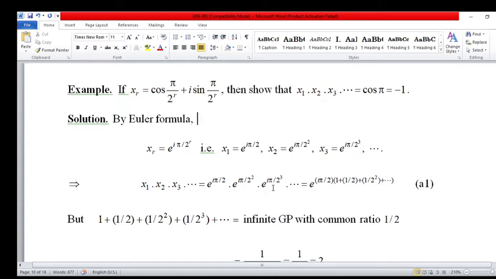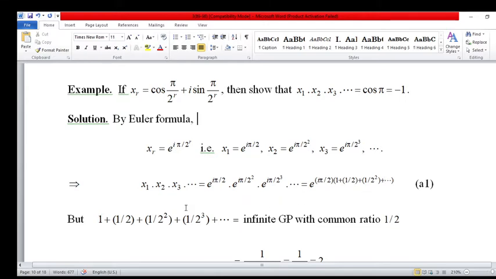Now the base is again the same, so e raised to the power i pi by 2 plus i pi by 2 squared plus i pi by 2 cubed, and so on. Here i is common and pi by 2 is common, then we obtain 1 plus 1 by 2 plus 1 by 2 square plus 1 by 2 cube up to infinity.